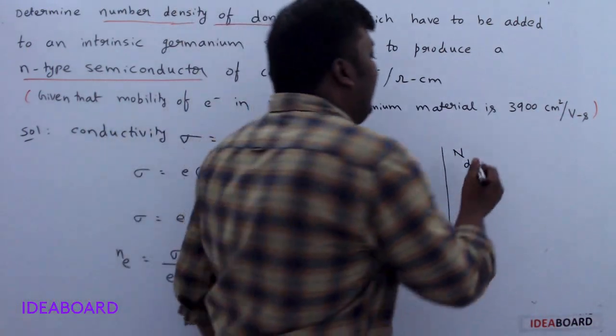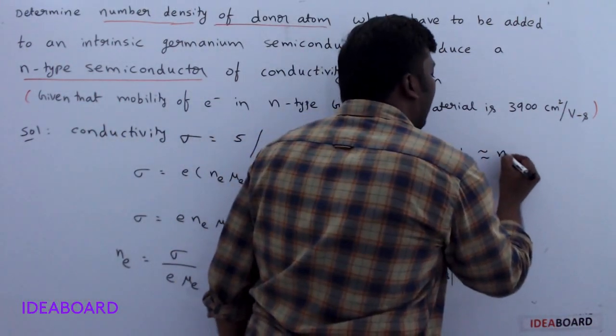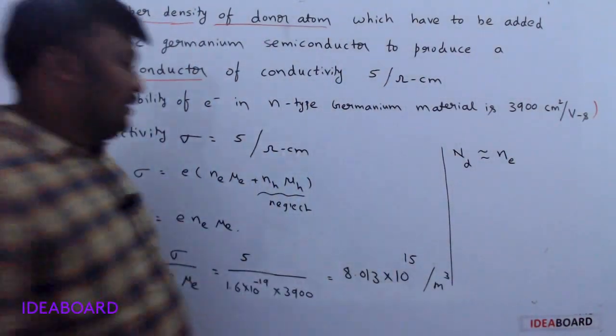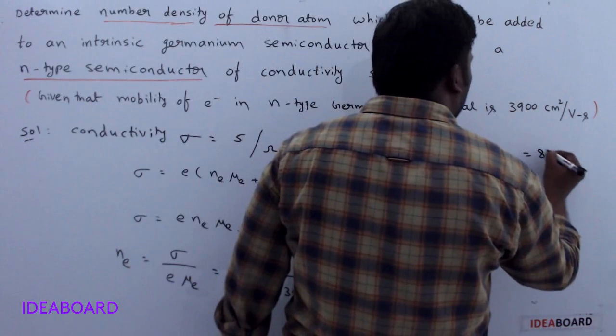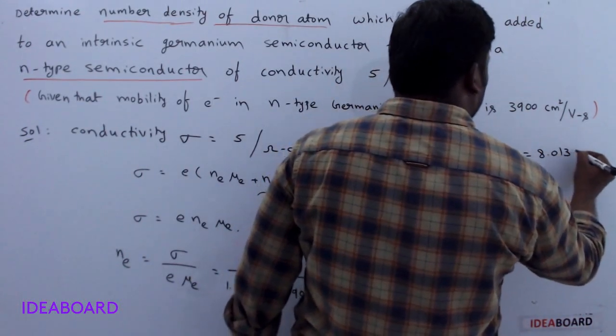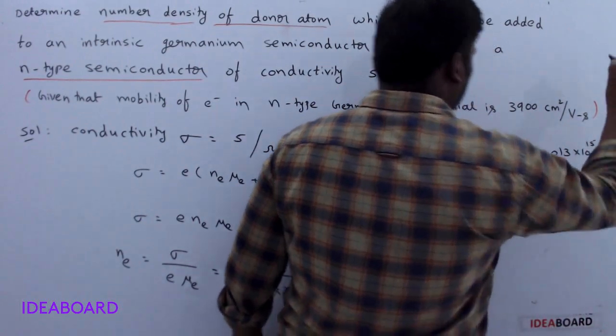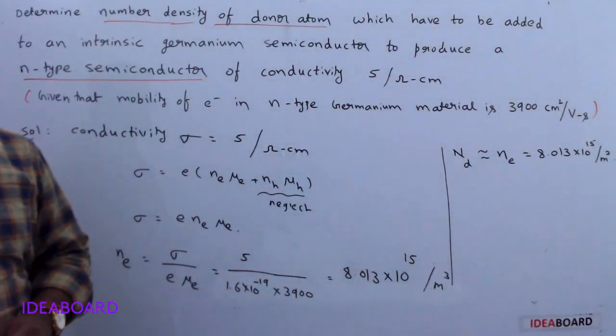So Nd is nearly equal to Ne. Then Ne value we got, so Nd value is also the same value. Understand?